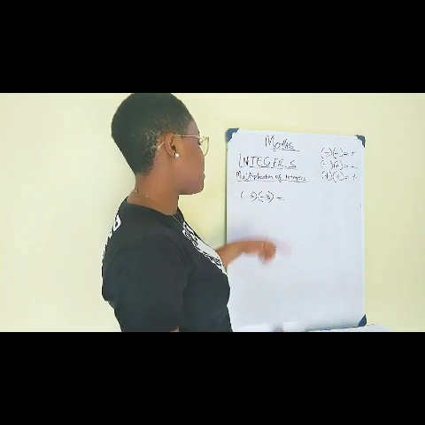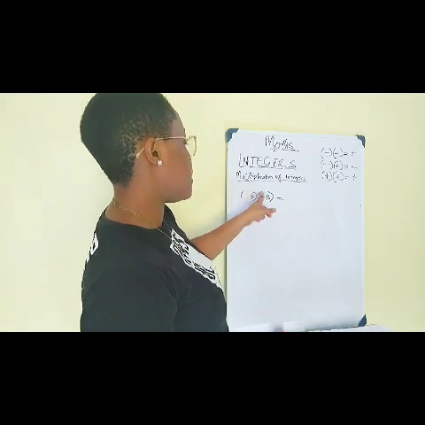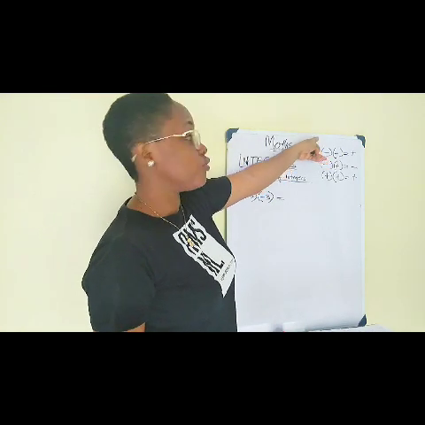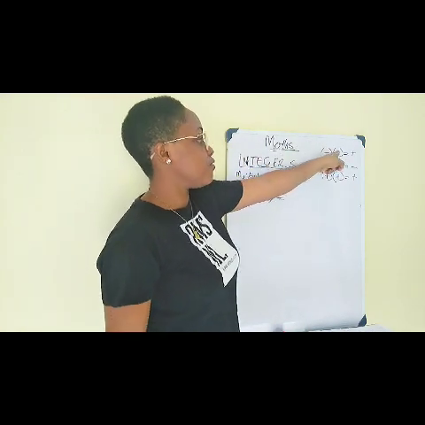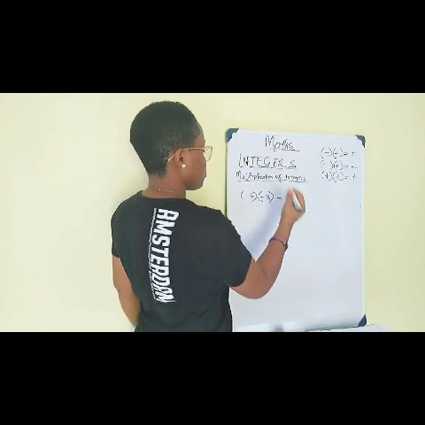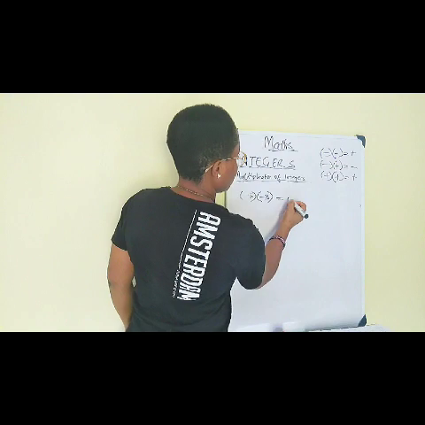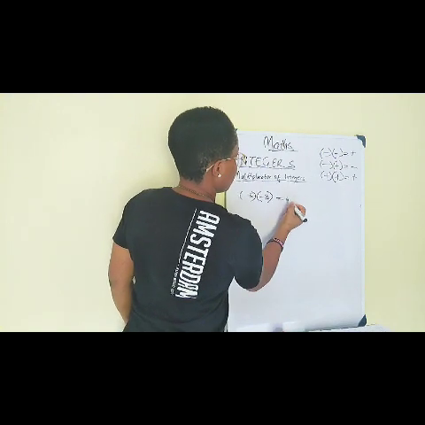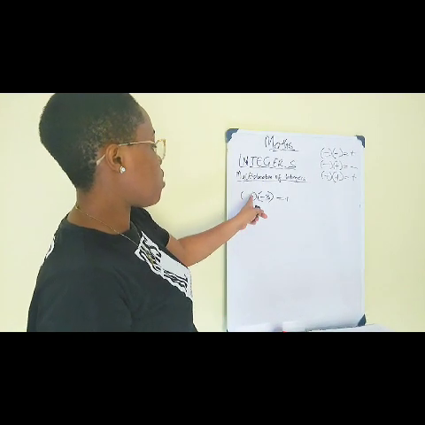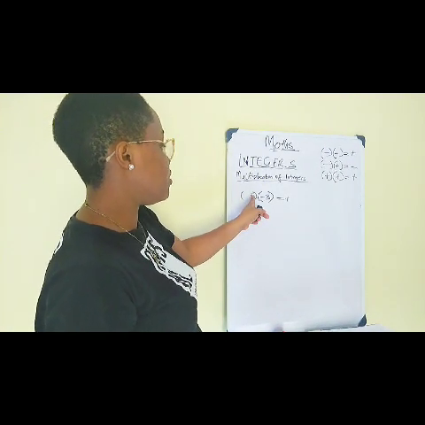To multiply this, first of all, multiply the negative signs. And from our multiplication rules, we know that negative multiplying another negative will give us a positive outcome. So we're going to first of all multiply it to get a positive sign, and then we'll go ahead to multiply the digits.